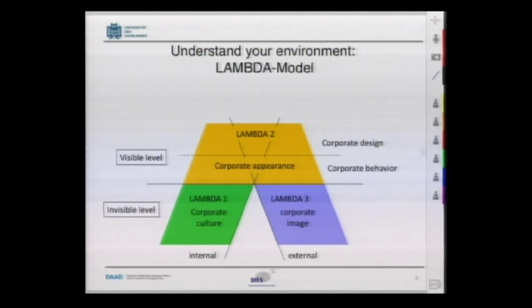But they have changed, I don't know if the behavior or the image, because more of the people are thinking that McDonald's means trash food, bad food, fast food. That's Lambda 3.